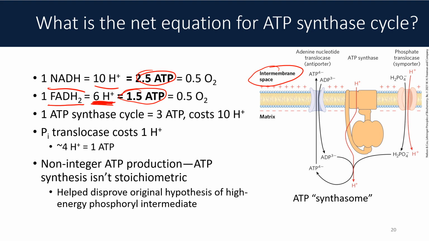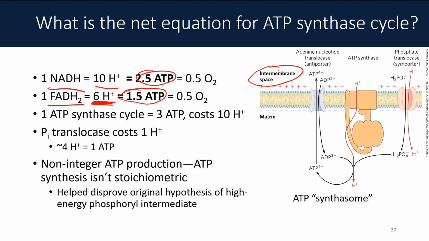Now, where do we get these weird numbers from? And I should first state that these exact values are estimates and they are debated. Some scientists think that these numbers are bigger and some think that they are smaller. But we get non-integer values because ultimately it has to do with how ATP synthase has 3 catalytic sites, and they all cycle with every 10 protons that go through it.